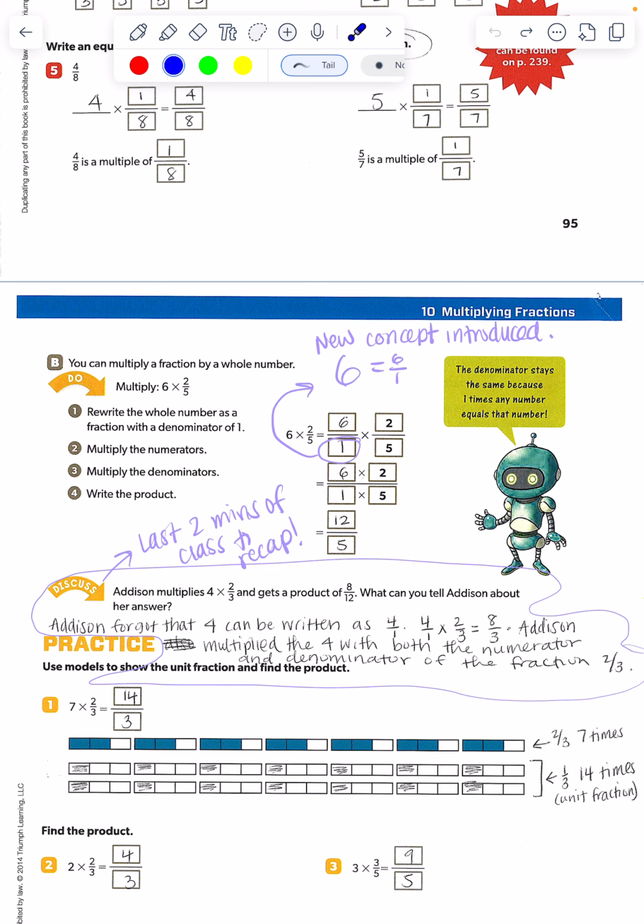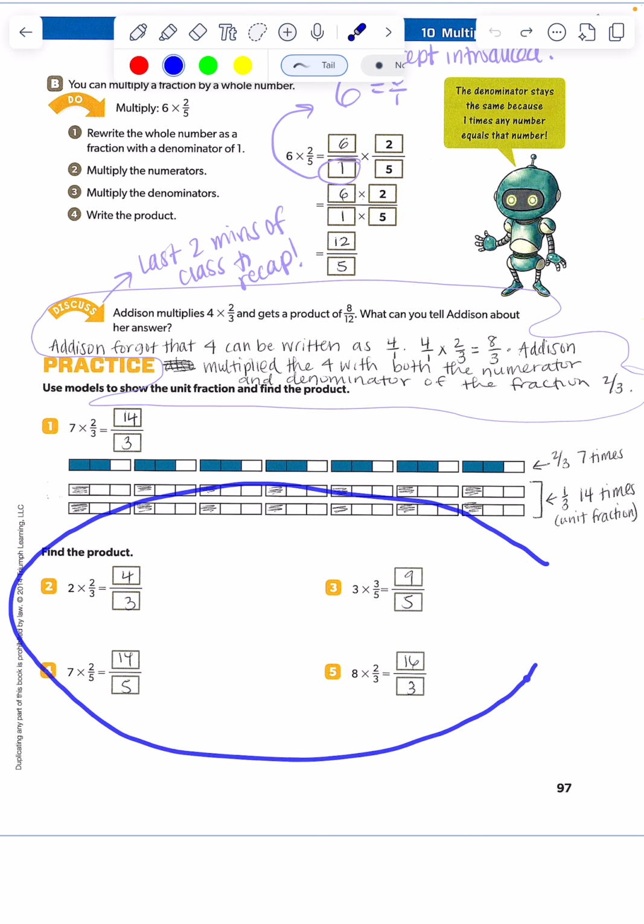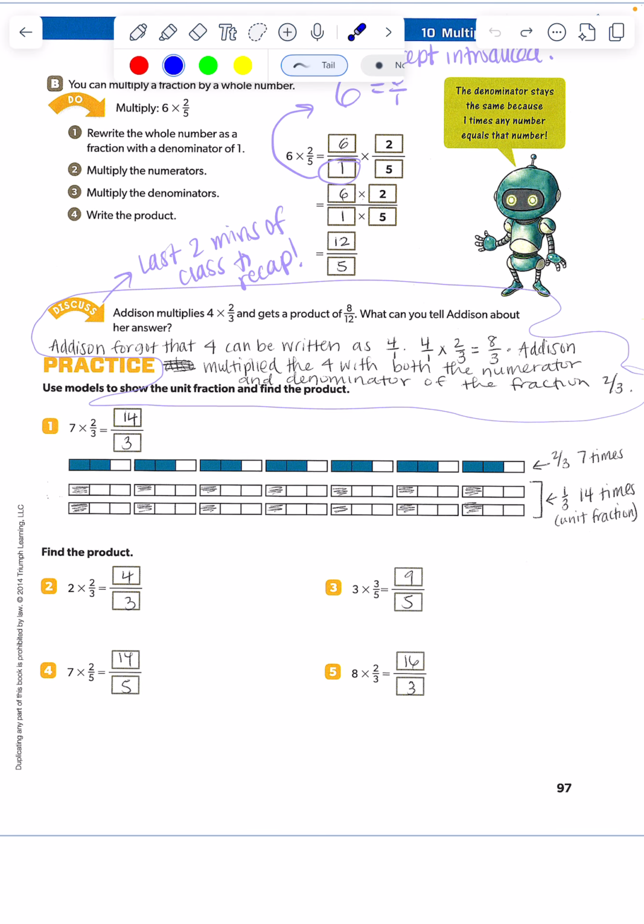No, all whole numbers can be written as a fraction by putting that number over 1. So 1 is going to be a placeholder that you use for this question. And then, yeah, students are going to be required to find the product without using any models by the end of this lesson.